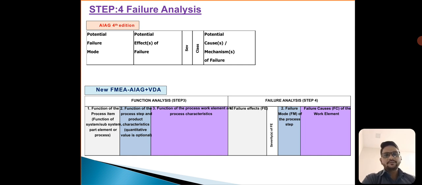Now this becomes the failure analysis in the new FMEA, AIAG plus VDA version: the failure effect, then the severity of the failure effect, the failure mode of the process step, and the causes of failure mode, or failure causes of the work element.